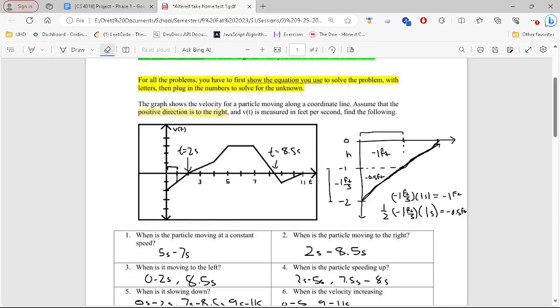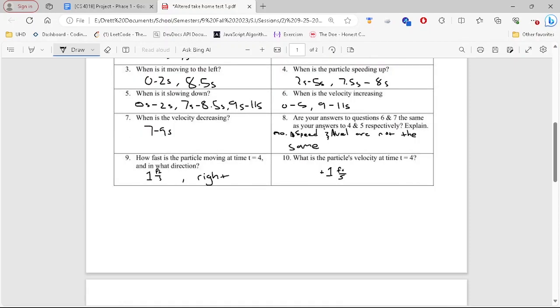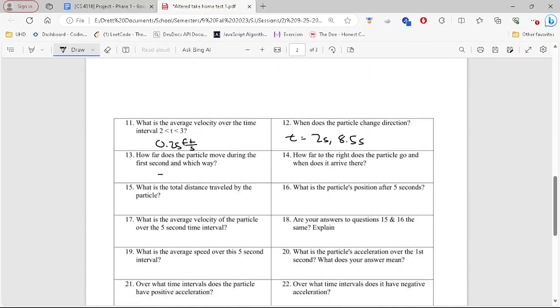So in total, the distance traveled is going to be -1.5 feet. And for a second, it's -1.5 feet.